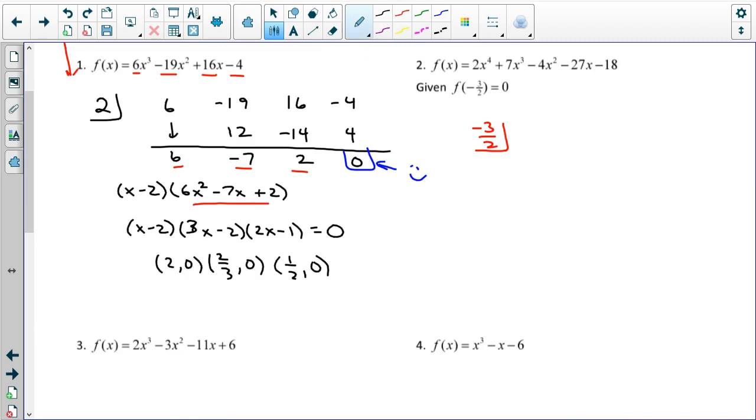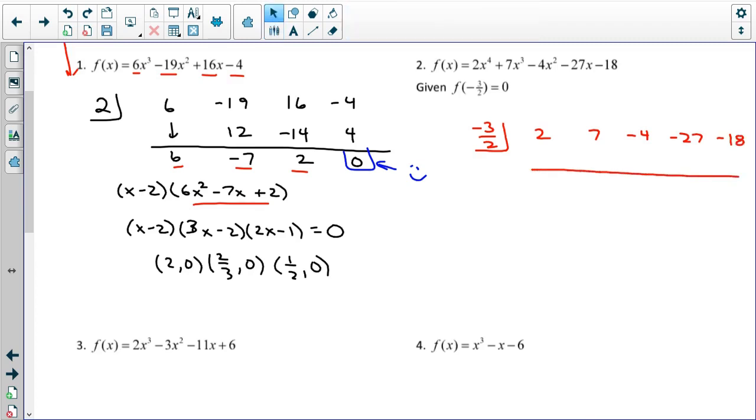So negative 3/2 is the root. So if I put 2, 7, negative 4, negative 27, negative 18, this should work out really well because I know it works. So I can carry down the 2. 2 times negative 3/2 is negative 3.